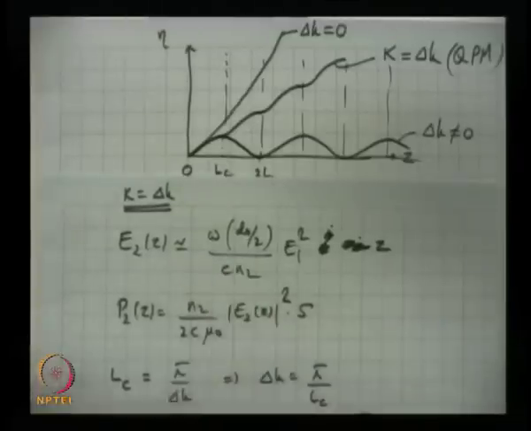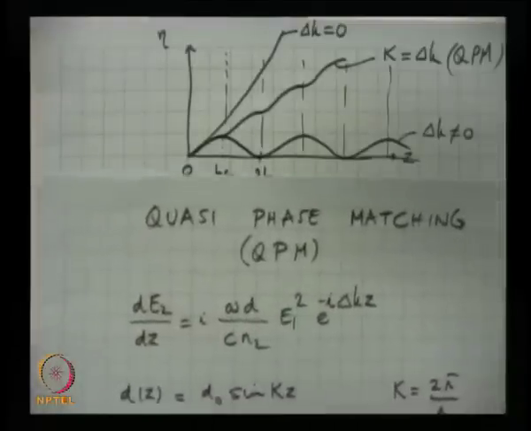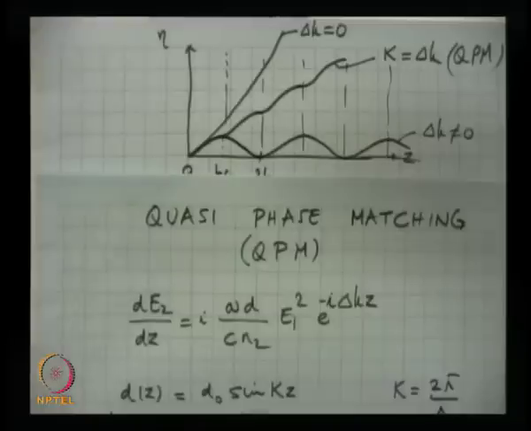Note that the nonlinear coefficient is now down in this by a factor of 2, because this is a similar equation to what we had written earlier, except that instead of d we have now d0 by 2. And what is d0 by 2? d0 by 2 is actually the coefficient of exponential plus ikz from here, except for an i factor, because d0 sin kz is d0 by 2 e to the power ikz minus d0 by 2 e to the power minus ikz, with a factor of 1 by i.